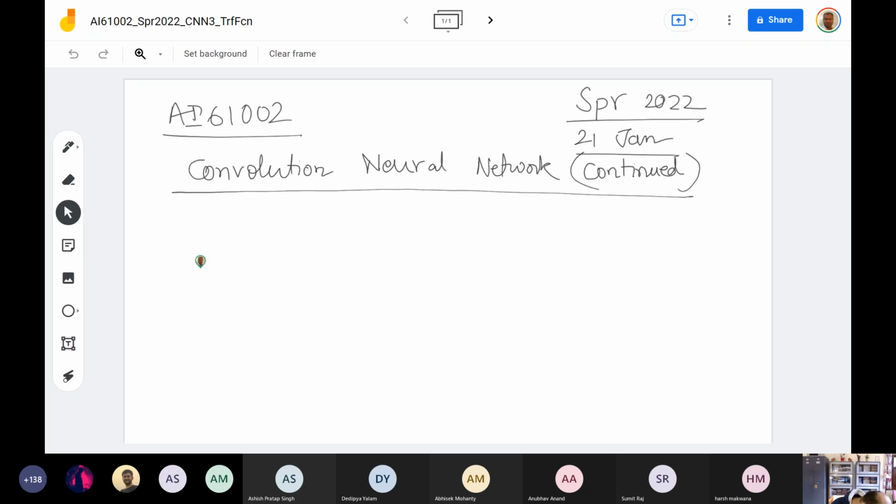Say I have an input X, and this X belongs to 1 cross 32 cross 32. Now I have 6 convolution kernels.